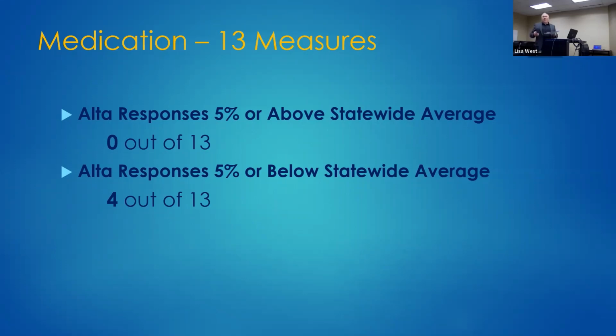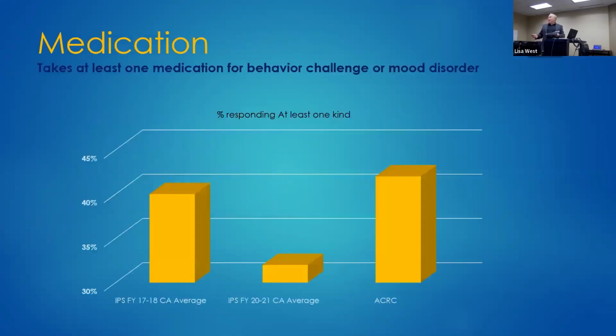And when we look at the question specifically that was asked where Alta scored below the statewide average, the question was, takes at least one medication, not multiple, just one medication for behavioral challenges or mood disorder. And Alta had 42% of our clients responding in the affirmative, yes, they do take one medication, compared to the statewide average of only 32%.